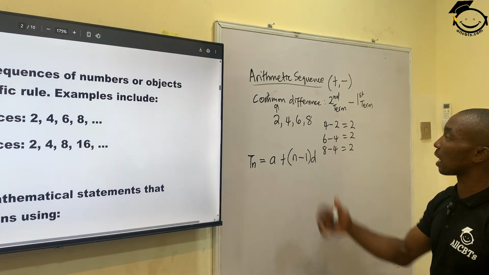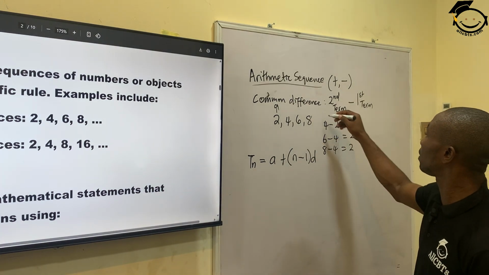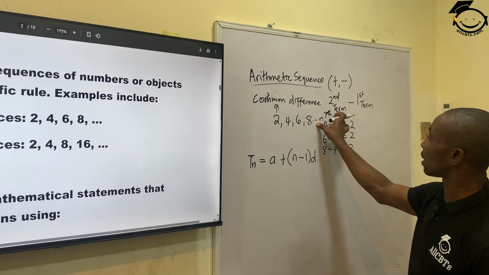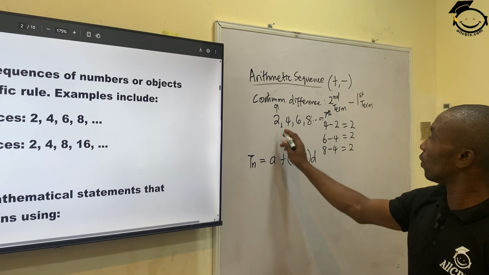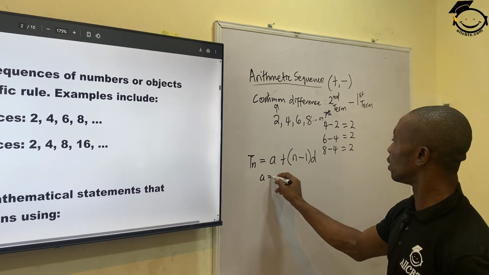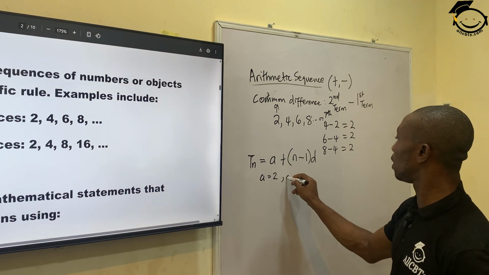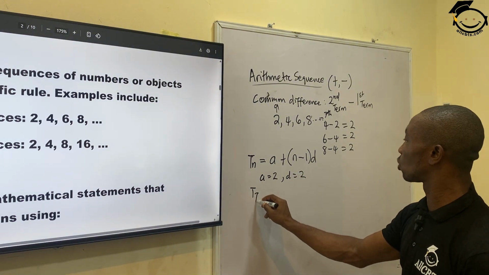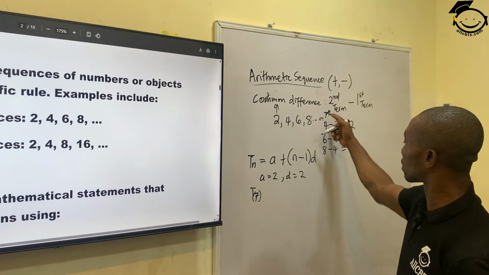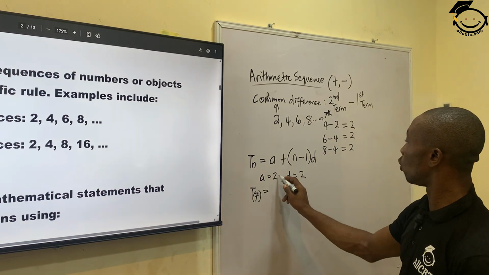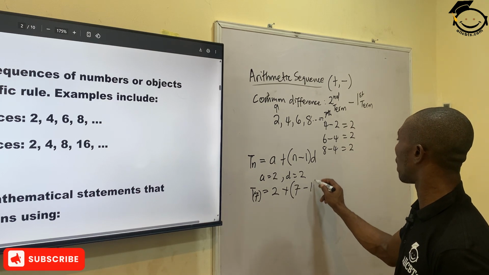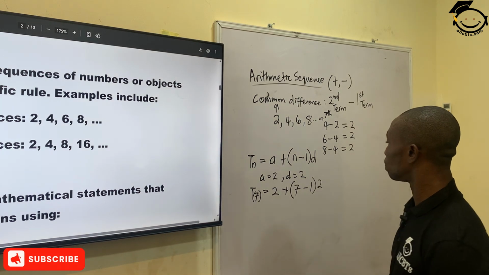Now, let's look at an example. Let's say we want to find the seventh term of this sequence. We know that our A is 2 and our d is 2. So Tn, which is T7, the seventh term we are looking for, becomes 2 plus (7 minus 1) times 2.